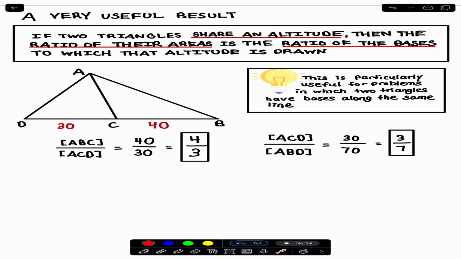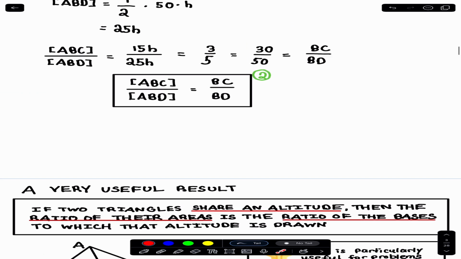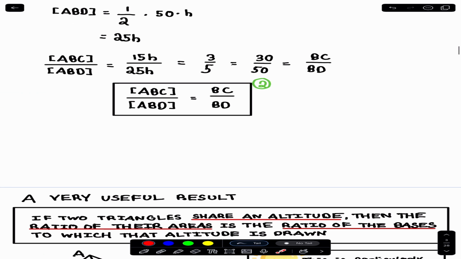BC is 40, CD, just read that off, that is equal to 30, and voila, we get those over here. So we're not really canceling, but we can technically think of it as canceling because of them both sharing an altitude from point A. So that quote-unquote canceling is coming from over here, the fact that they both share the same height h. So that's why it goes.